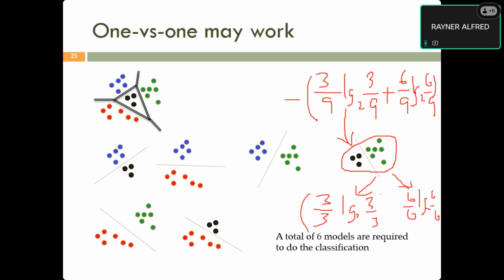So the weight is 3/9 plus the weight for this one is 6/9. This one is negative again. Okay, so that is where we use entropy to split them. Okay, so I will show you that one in the next lecture.